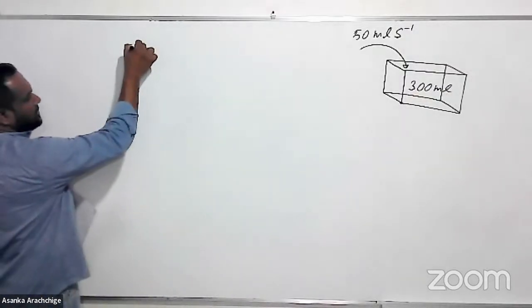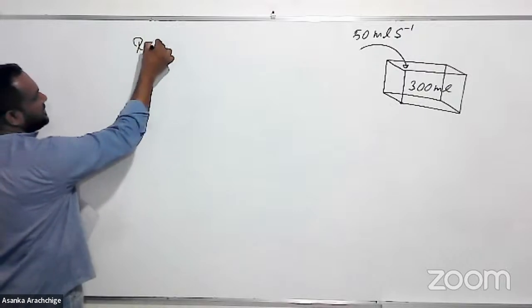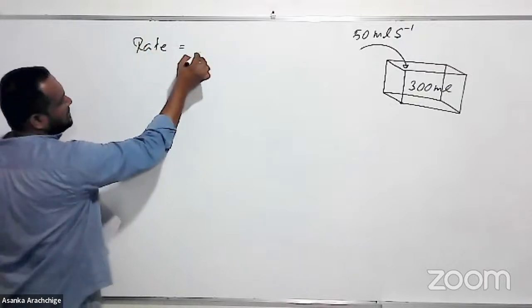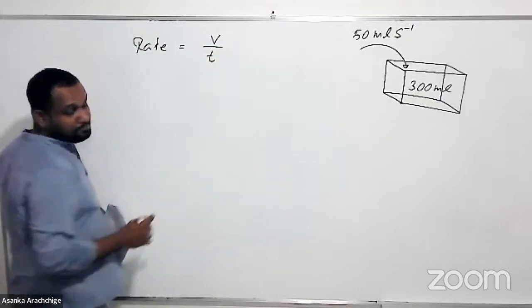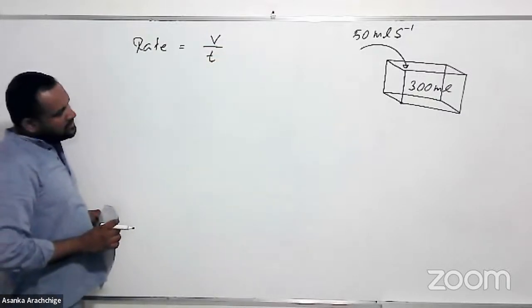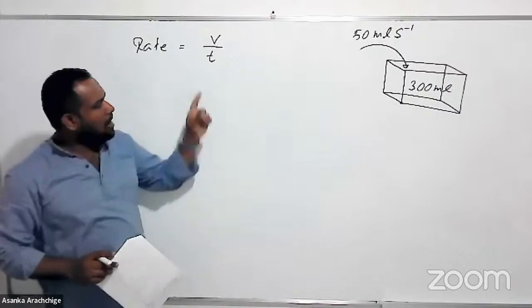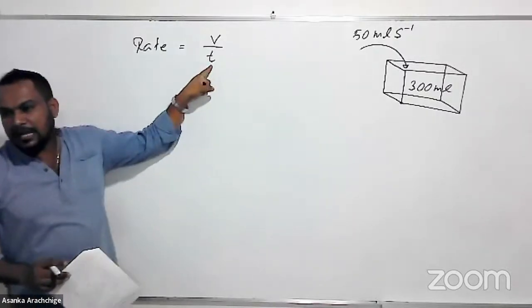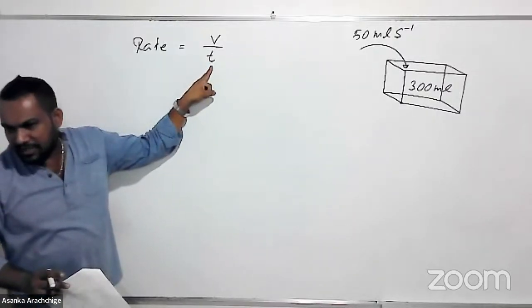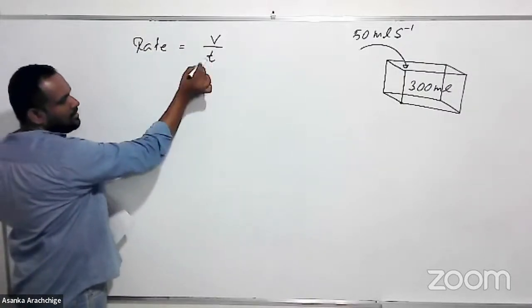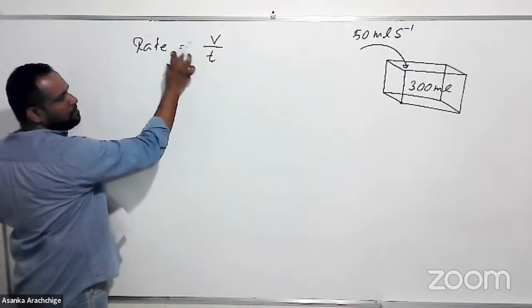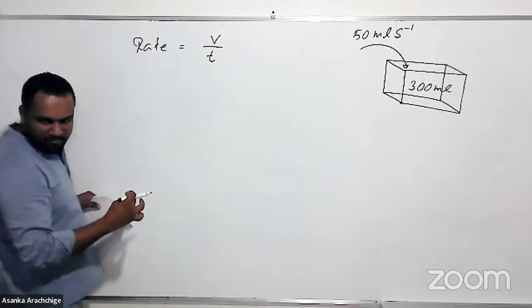You know the formula that rate equals volume division time. In this formula, you have to make T, time, the subject. So you can do it by changing these two positions across.